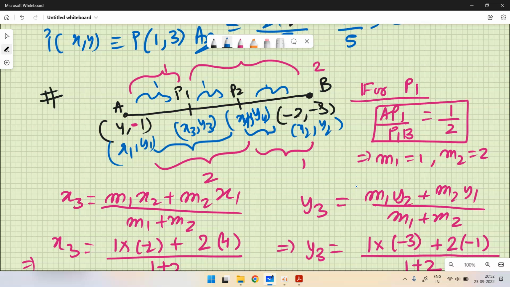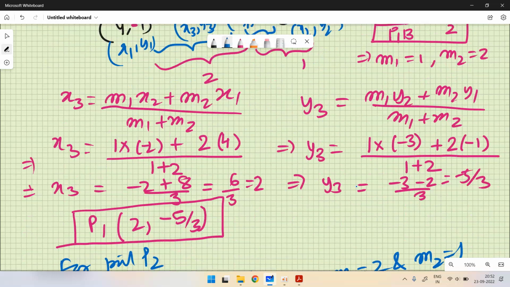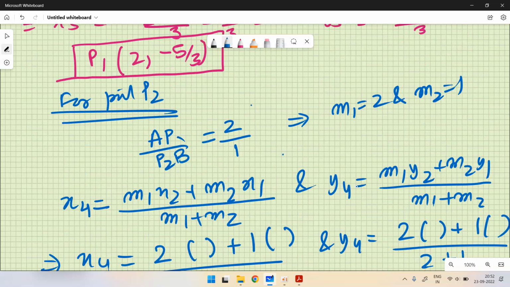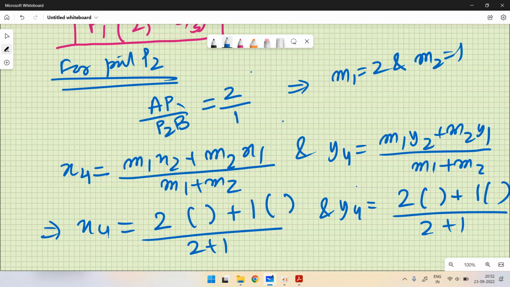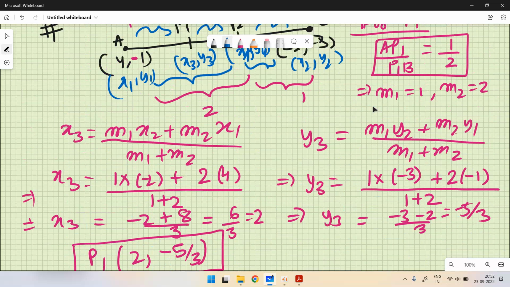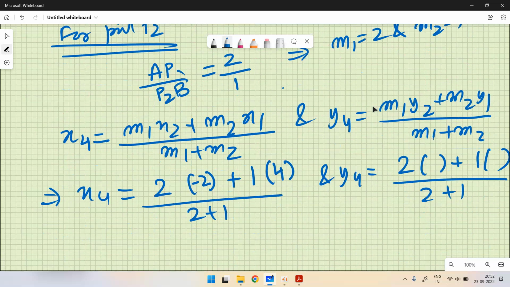X2 is minus 2, X1 is 4. Y2 is minus 3, Y1 is minus 1.